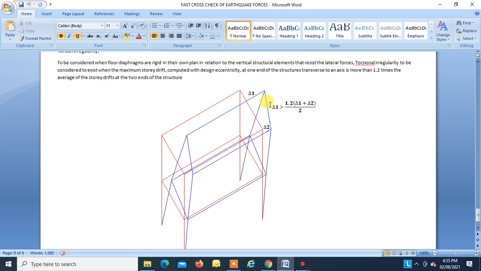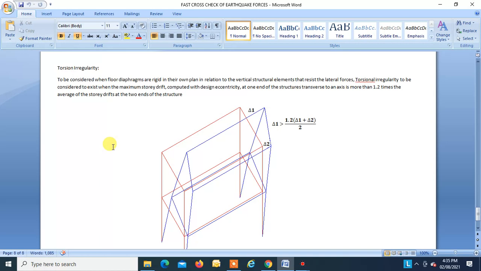When delta 1 is greater than 1.2 times the average of delta 1 plus delta 2, then you can say there is torsional irregularity. Similarly you have to check in this direction also. If delta 1 is greater than 1.2 times the average of delta 1 and delta 2, then torsional irregularity is present.